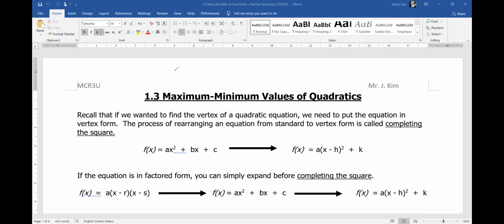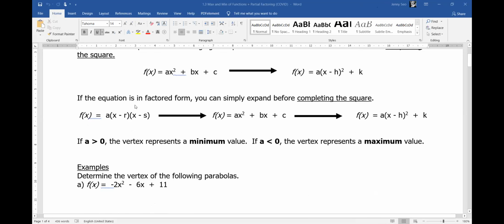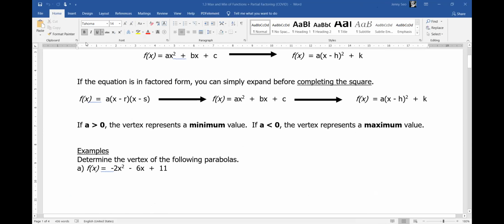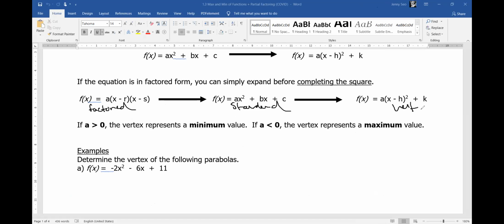Okay. So what did we write so far? We have factored form, standard form. I asked you to copy down factored form, standard form, and vertex form. I forgot to mention that for every single form, the value of A doesn't change. Did you notice?